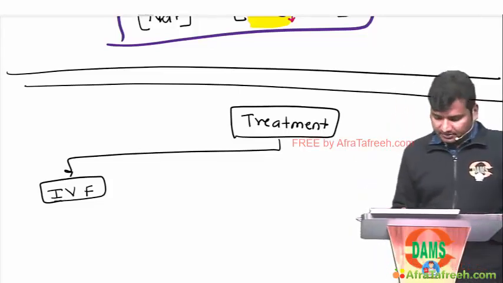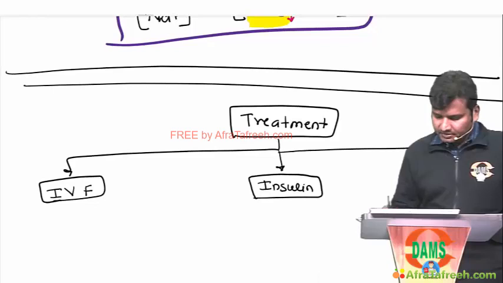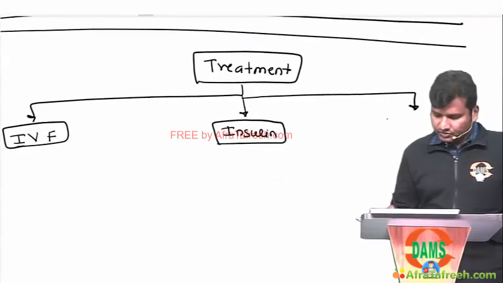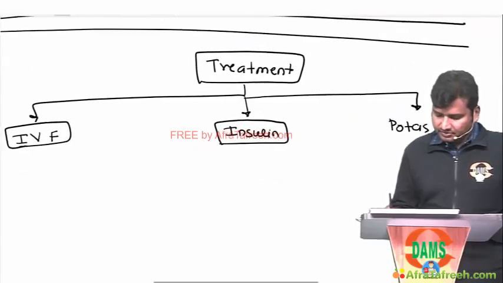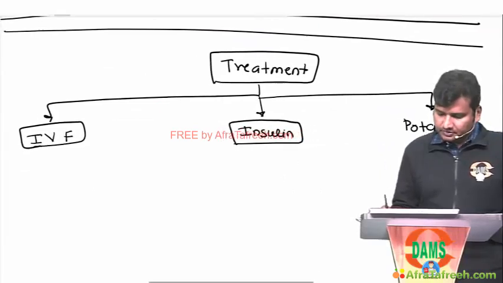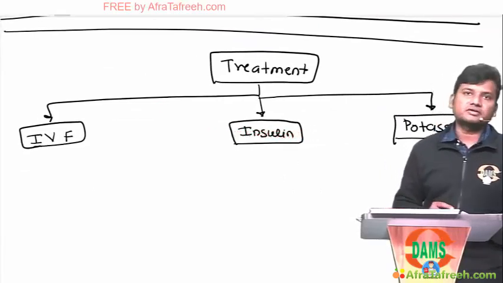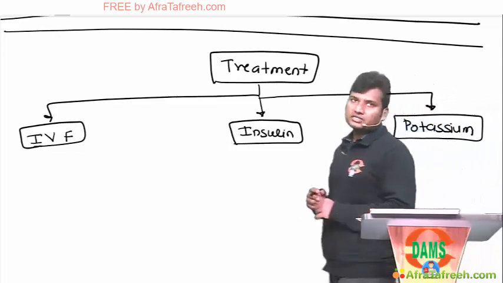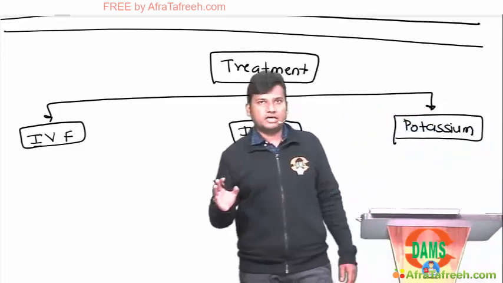Okay. Then next one, we will give insulin. And third one, we will monitor potassium level. Okay, so these 3 points are very important: intravascular fluid, insulin, and potassium.